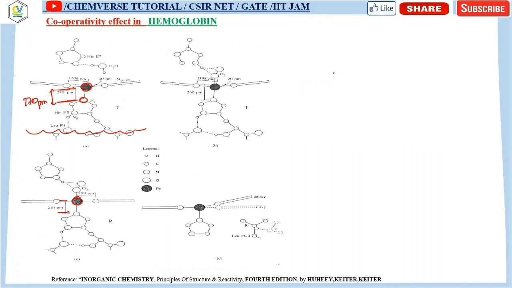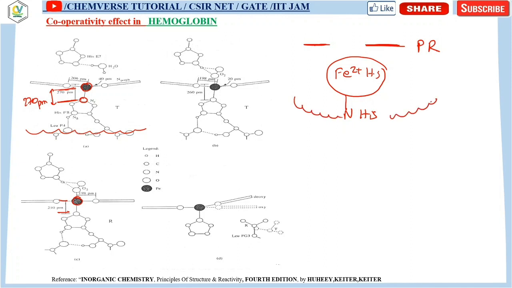So what you can see is that initially iron 2 plus in high spin, having larger size, was something below the plane of the porphyrin ring. Suppose it is the plane of the porphyrin ring. So now this binds with the histidine molecule of the globin chain, which is present over here.